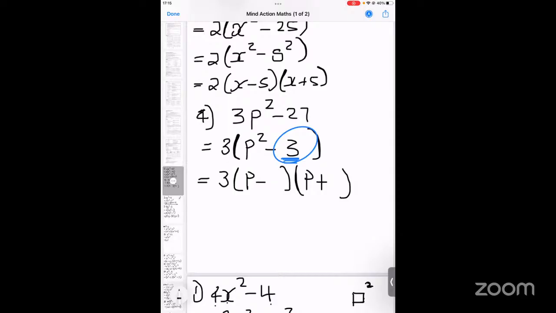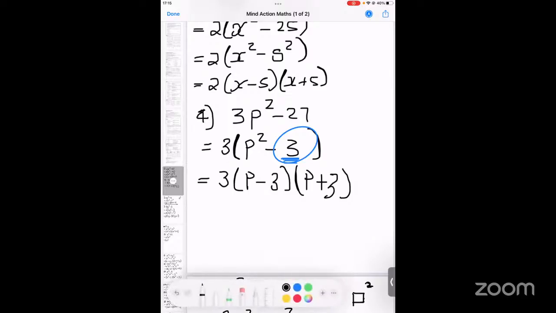And then what will be the next steps? Then it's going to be 3 bracket P minus 3, close bracket, open bracket, P plus 3, close bracket.